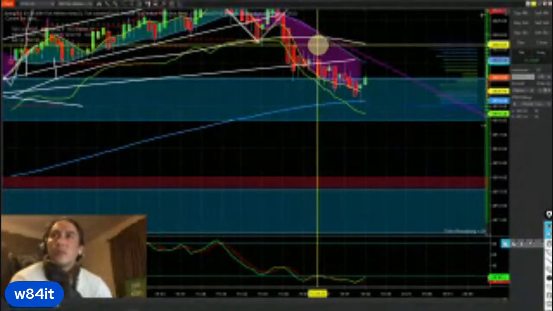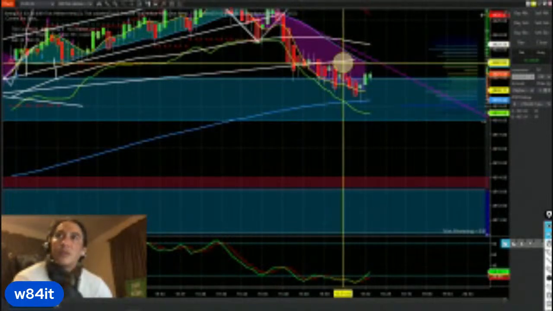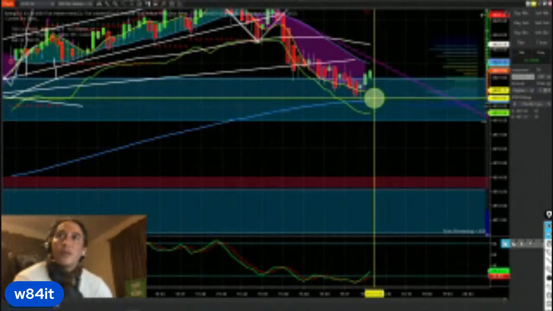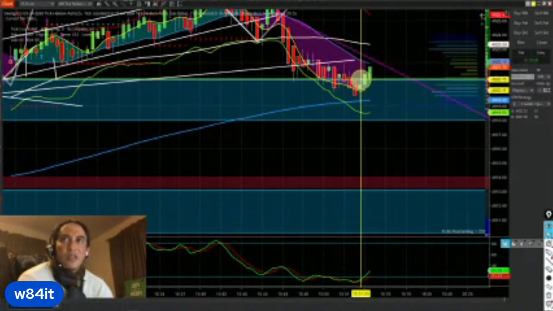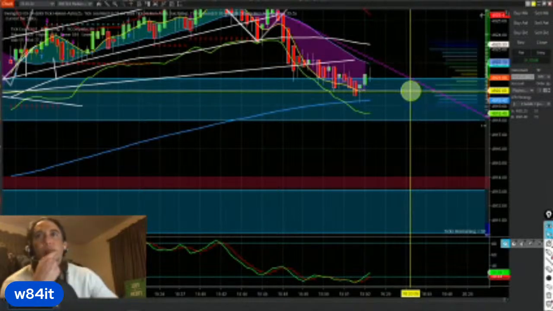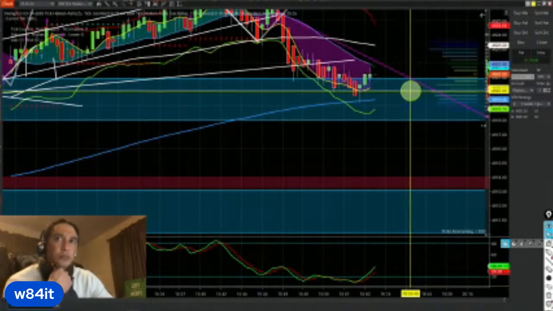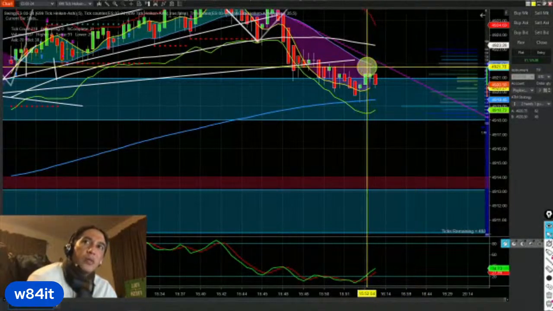This makes it M pointing down. 1, 2, 3, 4, 5. Actually, I get another pullback right here, and then these should be pointing in an upward angle. So watch this wick, and watch the next wick.